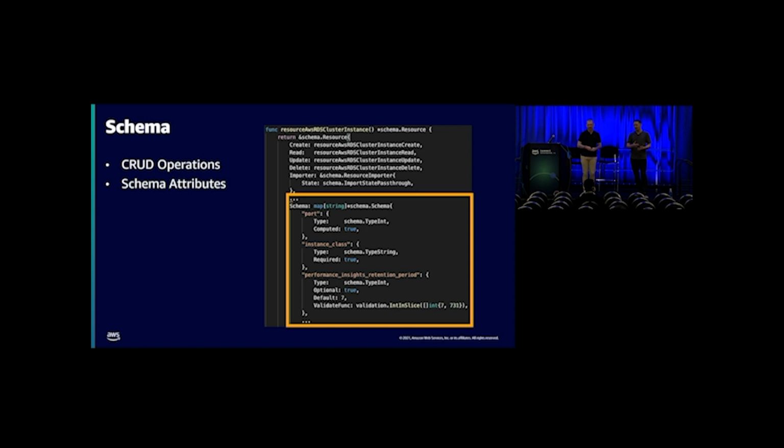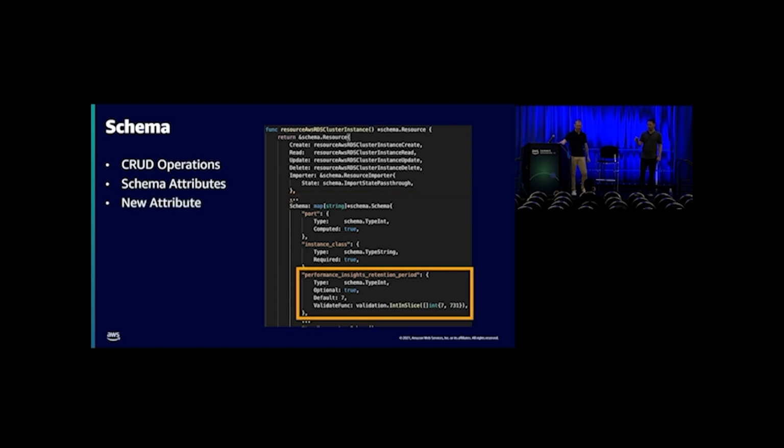And then at the end here, we have the addition that we made to this file. So we're adding our attribute, performance insight retention period. It's type integer. It's optional. We give it a default. And we pass it a validate function. The validate function is what declares what's a valid value for this resource type. And if you put something else in there, the compiler kicks it back out before you're actually allowed to run Terraform apply.